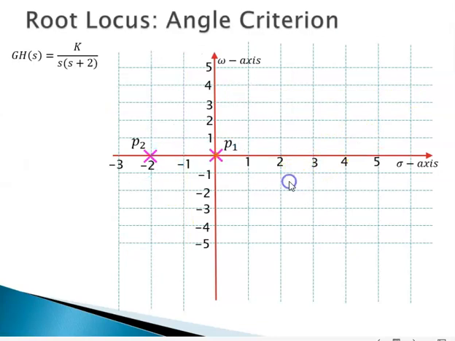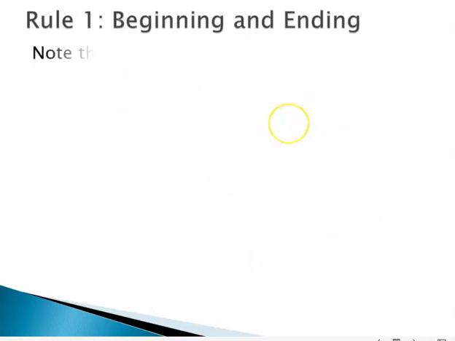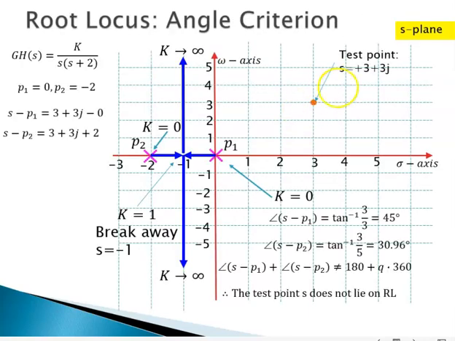Similarly, if you take the same example and consider the trial point at some other point in the s plane, let us say we take the trial point to be 3 plus 3j, as shown over here.